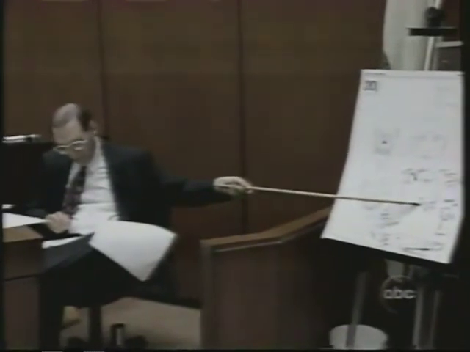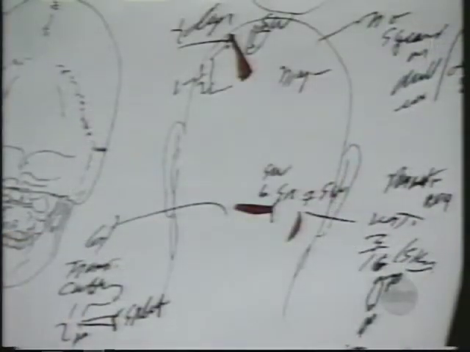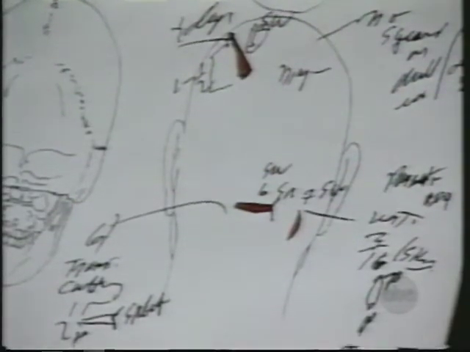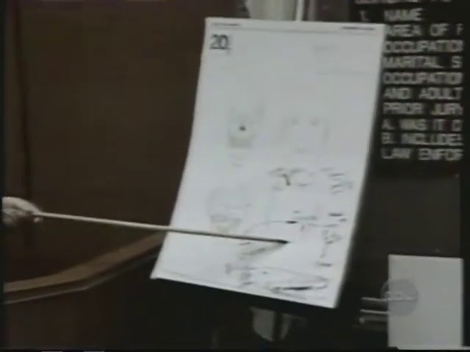This was a 1/2 inch in length superficial wound, only going in, again, 3/8 to 1/2 inch, a non-fatal wound. There was a small amount of hemorrhage associated. Again, that occurred before death. It was an antemortem injury.